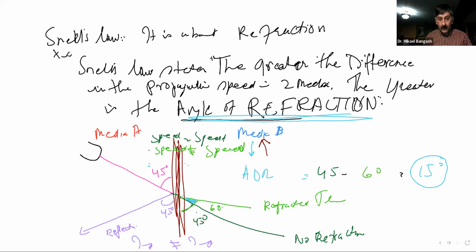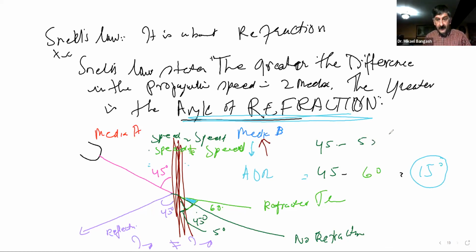Where you come in, let's say it goes to an angle of 5 degrees. Where you may ask what's going to be our angle of refraction here? That's when you subtract 5 from 55.